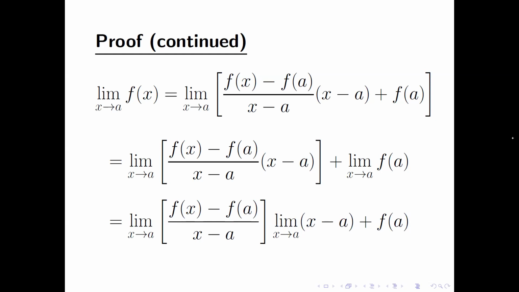It means that I may take the limit of this and again take the limit of this. And here the limit when x approaches a is just a constant, and we saw from the laws of limits that the limit of a constant is just that constant.